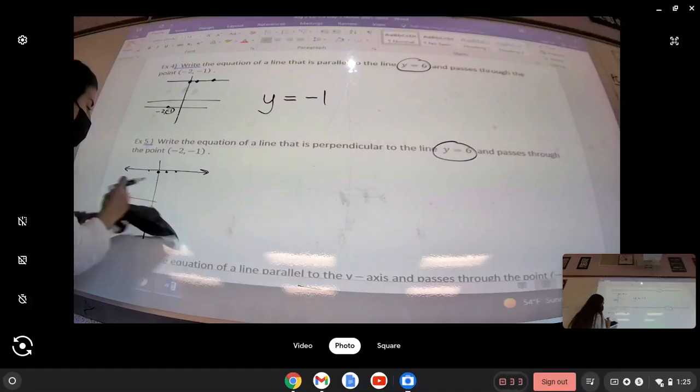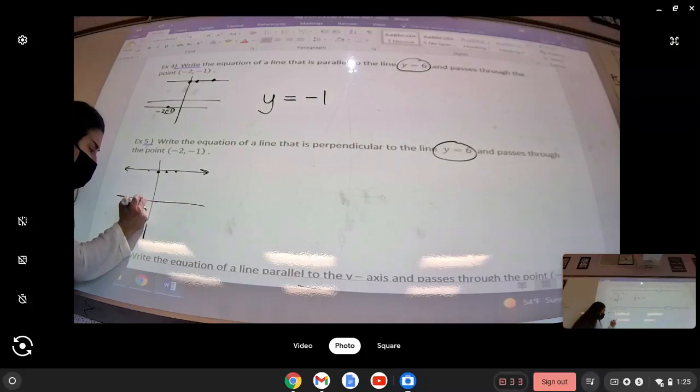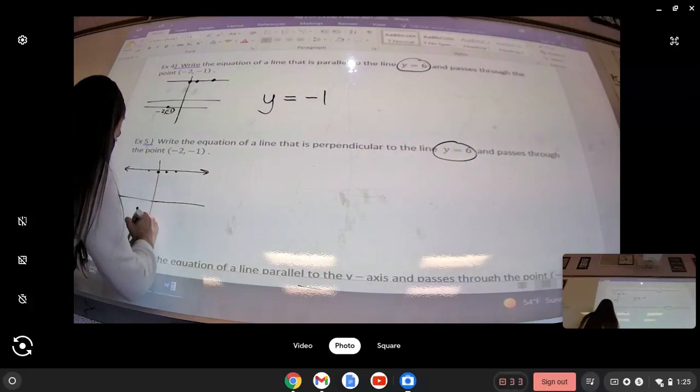Now, our line has to be perpendicular to it. So guys, if that's a horizontal line, only what kind of line would be perpendicular to a horizontal? Vertical. Now our line is vertical. So now we have to write the equation of a vertical line that passes through -2, -1. Left 2, down 1, and it's got to be vertical.